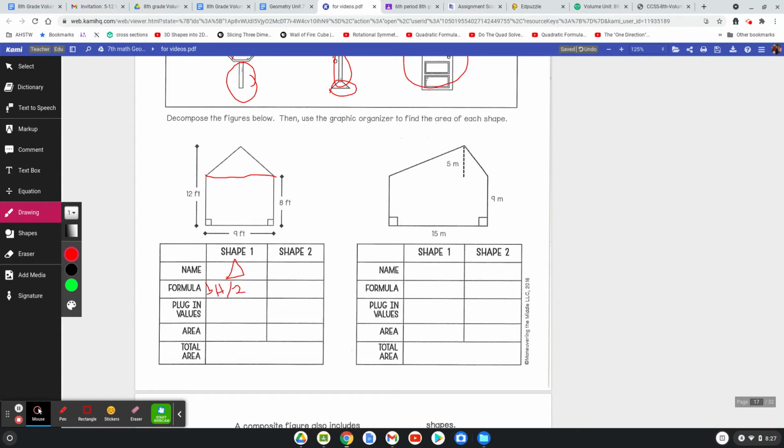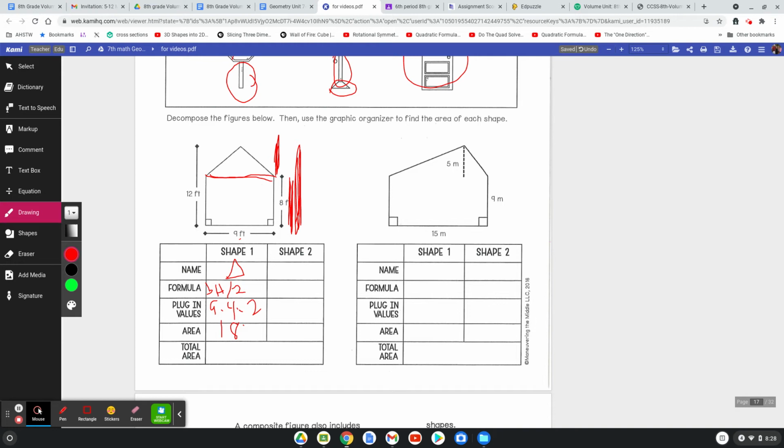So the base is 9, because if this is 9, then I know that that's 9. So I have 9 times, and then the height, you've got to figure it out. If the whole thing is 12 and this part is 8, then you know from here to here is 4. So you've got 9 times 4 divided by 2. So 36 divided by 2 is 18 feet squared.